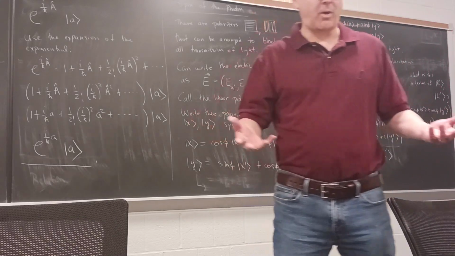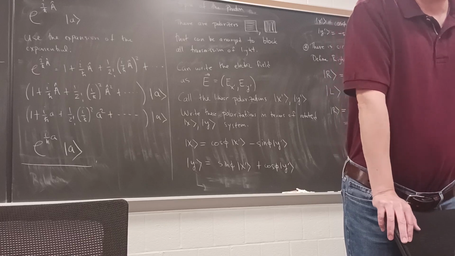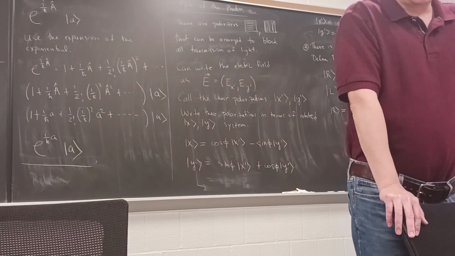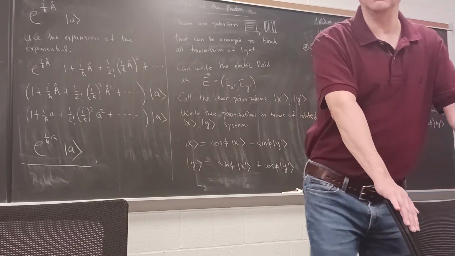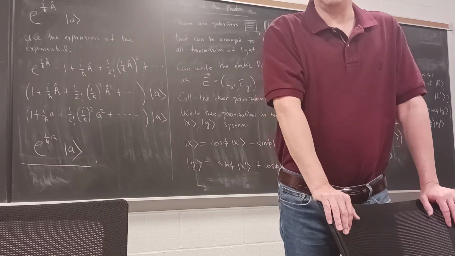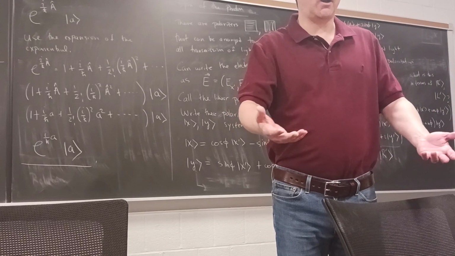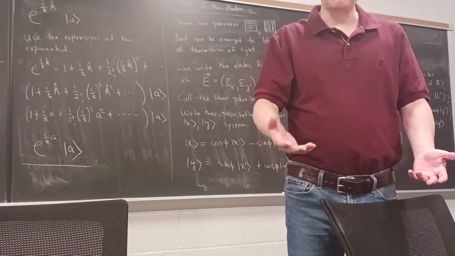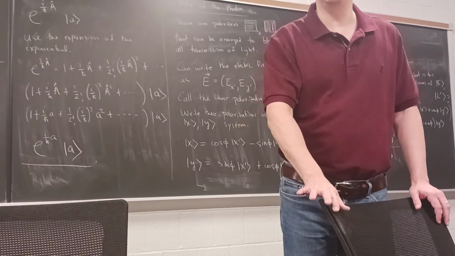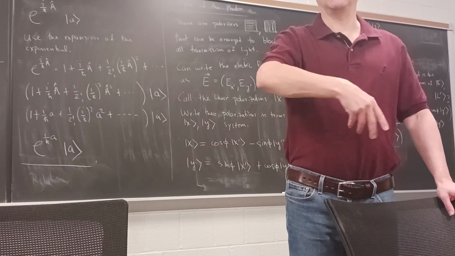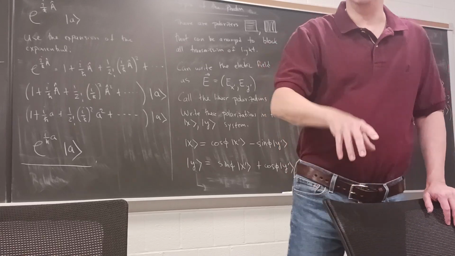For large numbers of photons, you move into the field description. If you have huge numbers of photons, then you can talk about a classical field, and then you can imagine physical rotation and things like that.